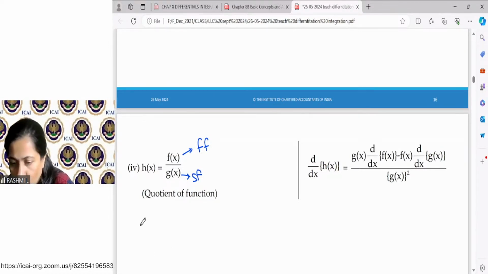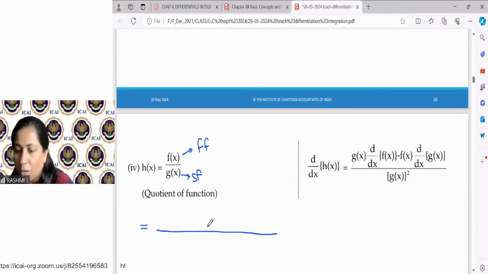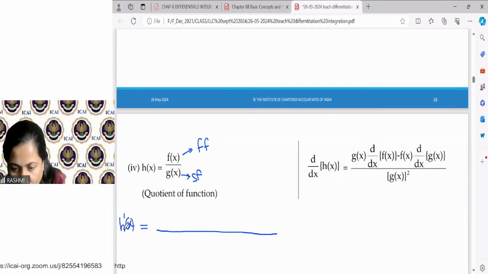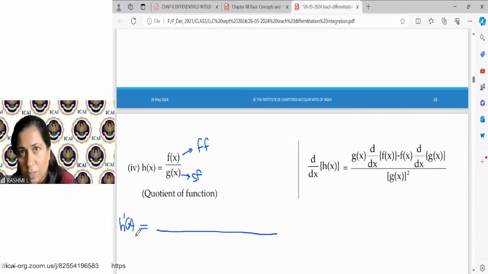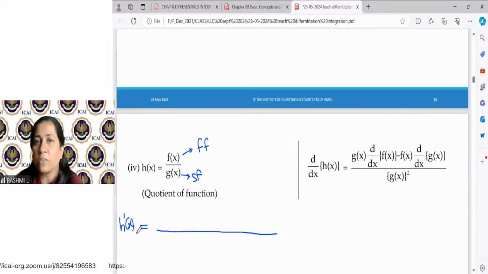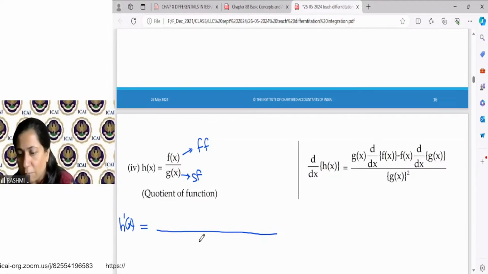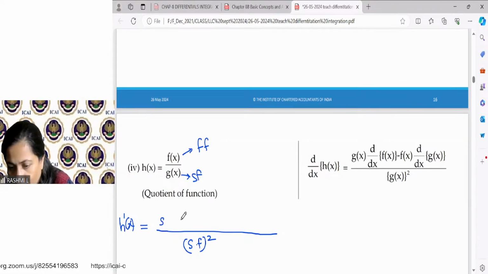And how do I always remember? Since my college time, I say that h dash of x, the derivative of a function which is the division of two functions, is given by second function whole square in the denominator. I will write the denominator first so that I don't forget it. Then second function into derivative of first function minus first function into derivative of second function.